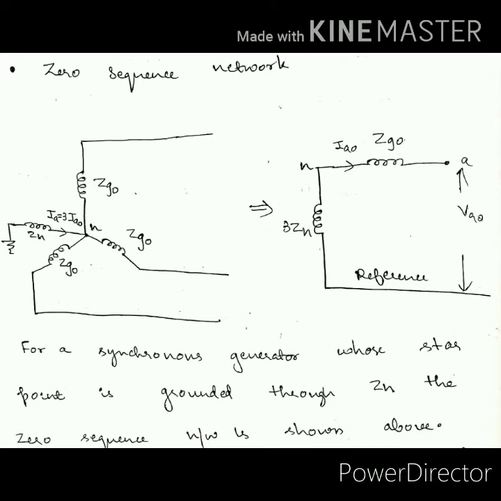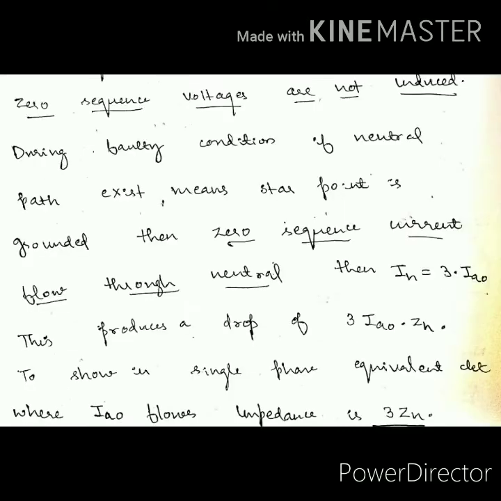Here what we are doing is, if the star point is grounded through a reactance, say Zn, then what happens? During faulty condition, if a neutral path exists, meaning the star point is grounded, then we have a neutral current flowing, that is In is equal to 3 times the zero sequence current Ia0.